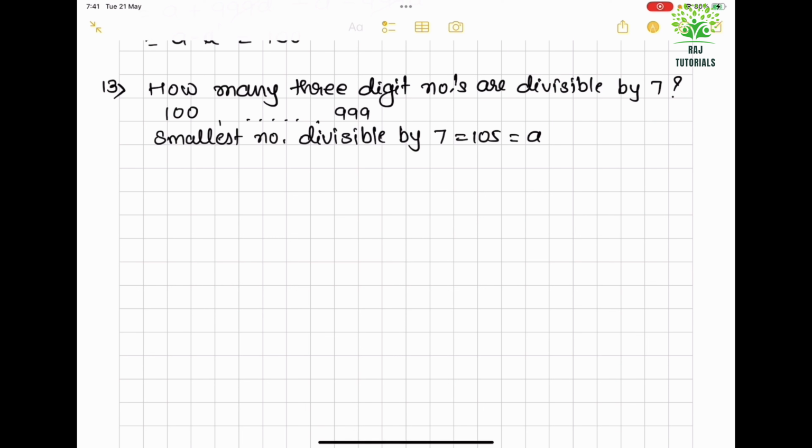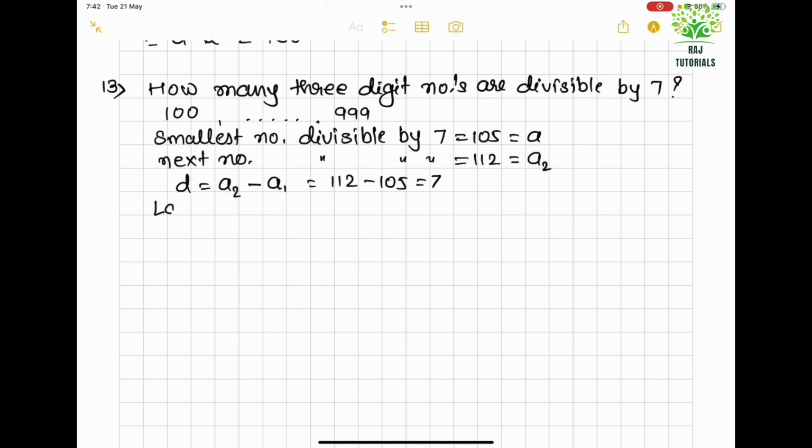So that will be my A, and the next number divisible by 7 will be 112. So this will be A2. So D will be A2 minus A1, that is 112 minus 105, so that will always be 7.